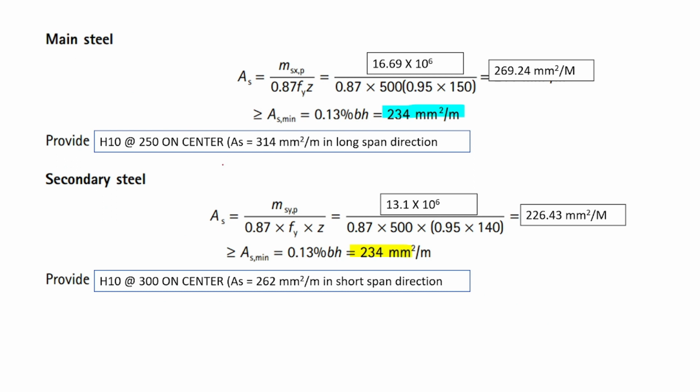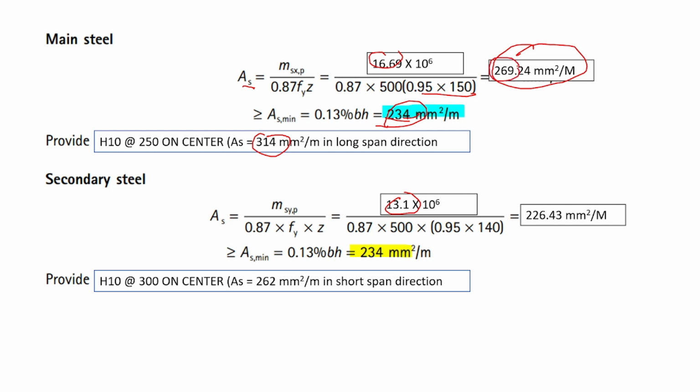So we calculate reinforcement AS for main steel. We use the bigger moment. The smaller one will be the secondary. The same calculation, you have here as your requirement, and this one is the minimum. So therefore we use this, it's fine.